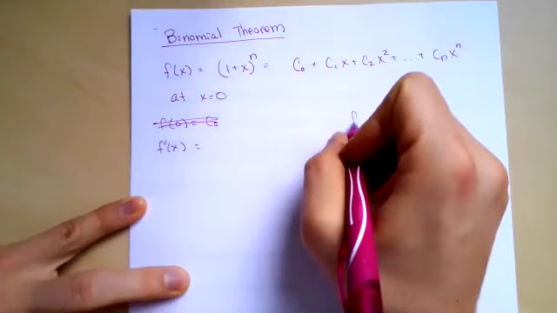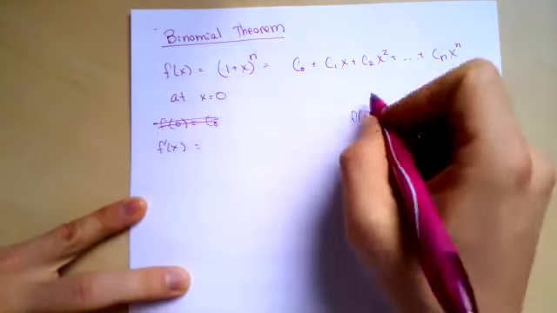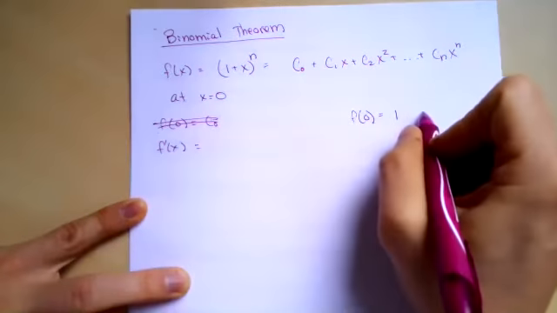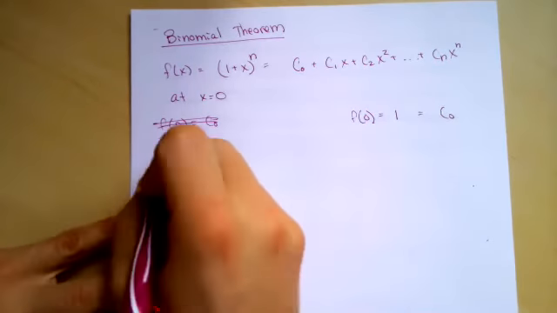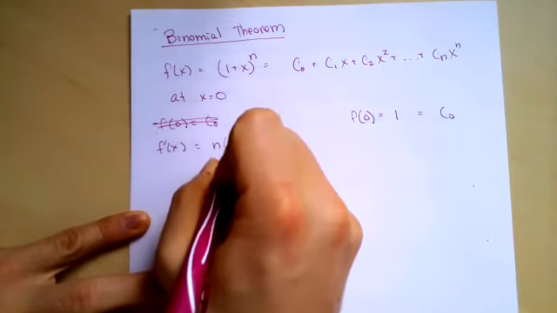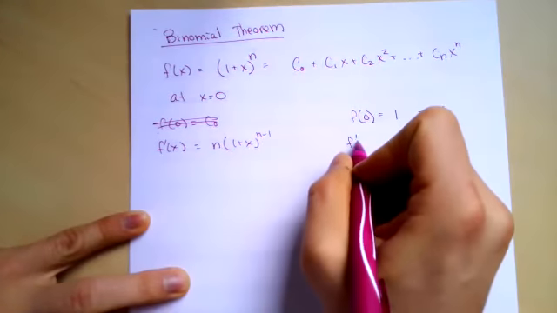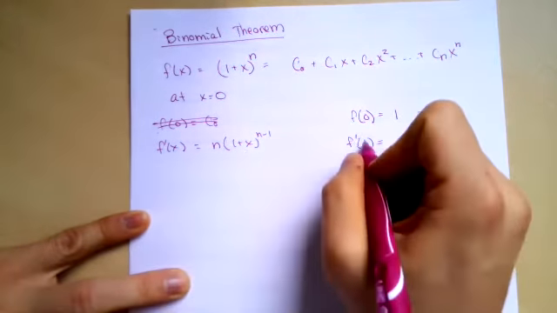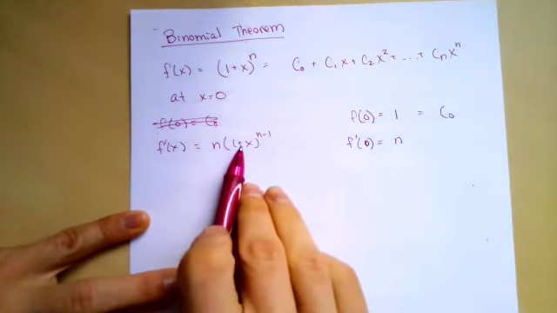So our f of 0, when I plug in 0 here, it'll be 1 to the n. It'll be 1, and of course that will be our C0. F prime of x is going to give me n times (1 plus x) to the n minus 1. F prime of 0 is just going to give me n.